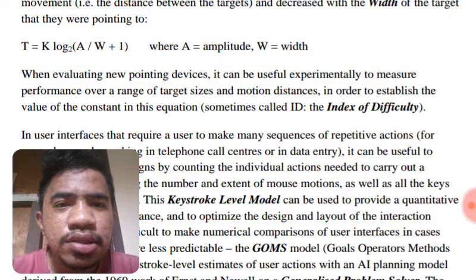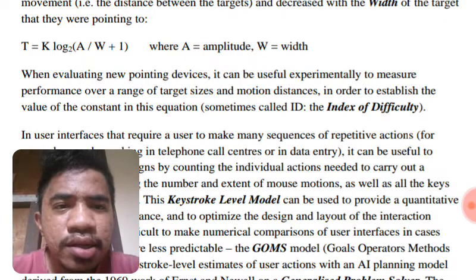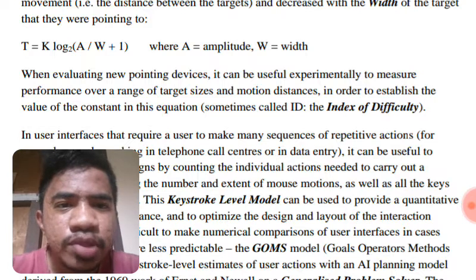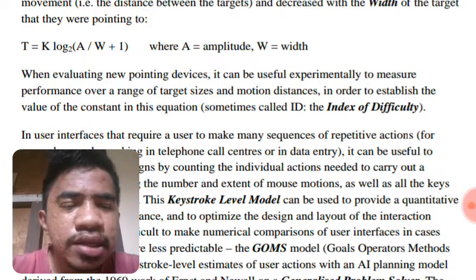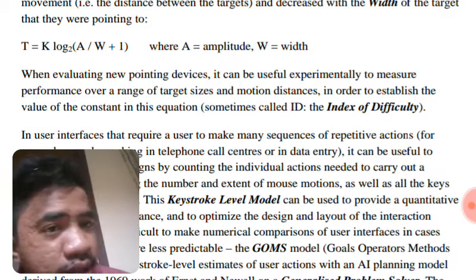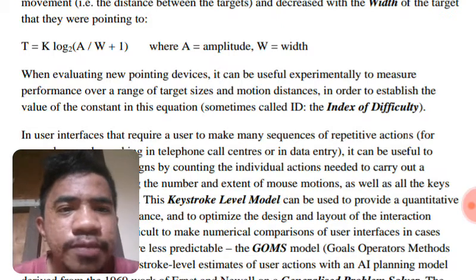T equals k log2(A/W + 1), where A equals amplitude and W equals width.